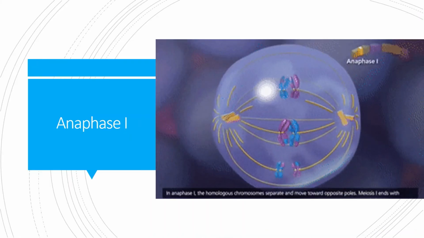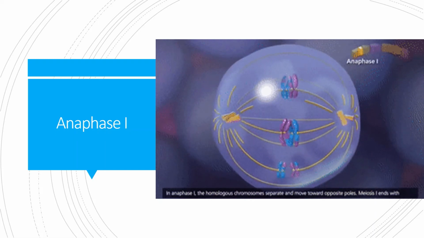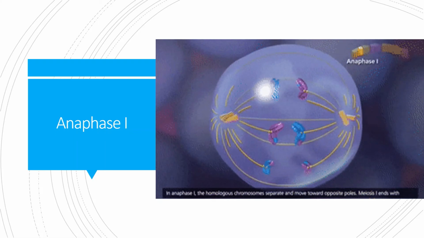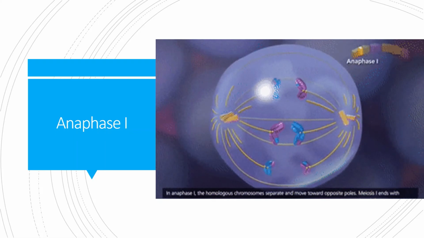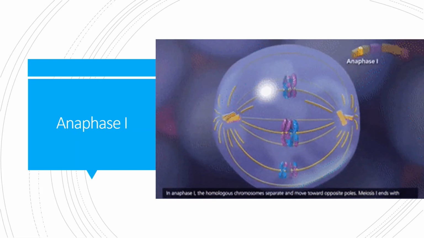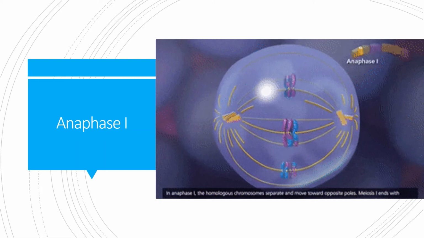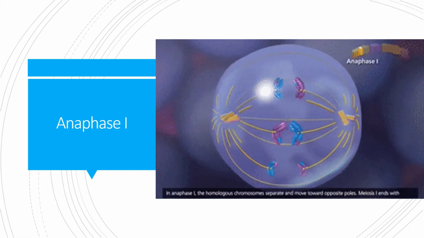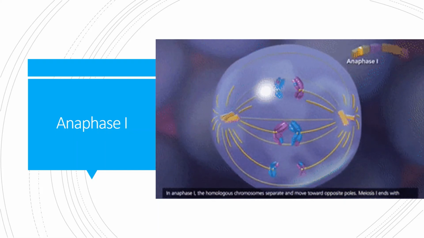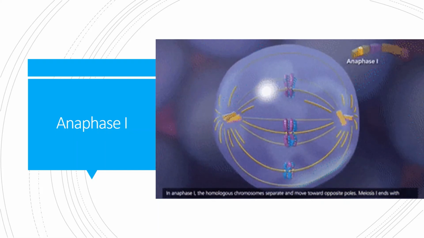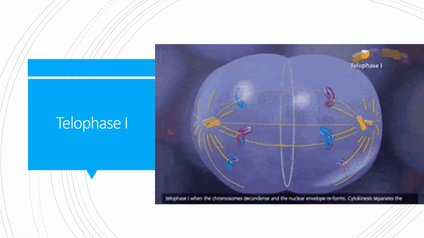All right, so crossing over and independent assortment are really the extra 2 processes that happen in meiosis. Everything else will be pretty straightforward. So after metaphase 1, where those chromosomes again are randomly or independently assorted along the equator of the cell, those spindle fibers in anaphase are going to attach to the centromeres of those chromosomes and start pulling them towards each pole or ends of the cell.